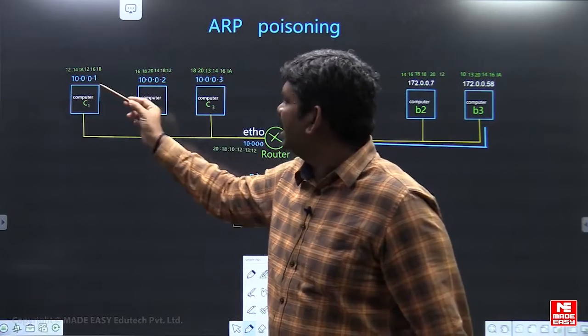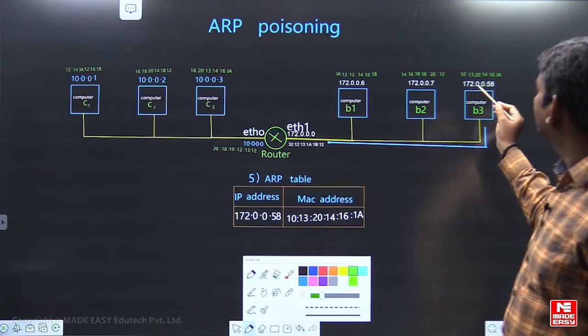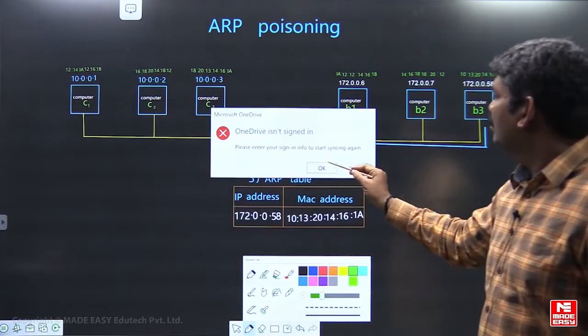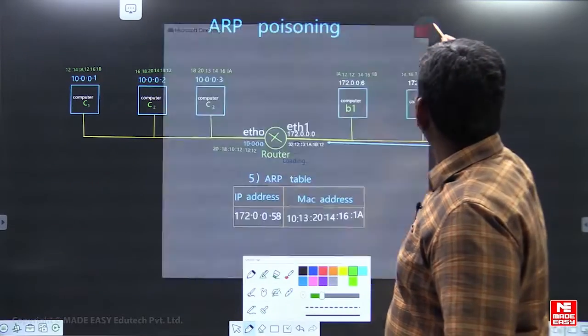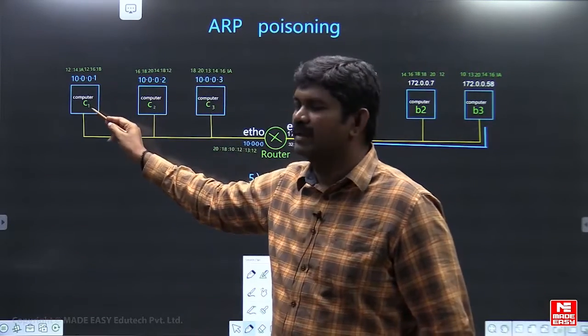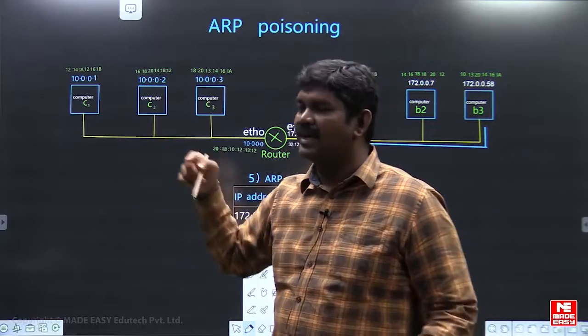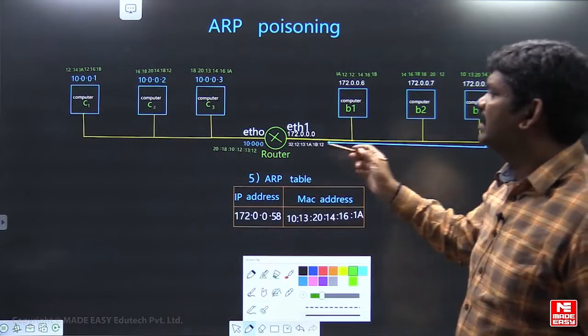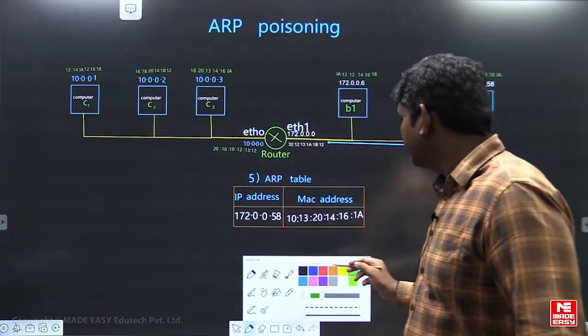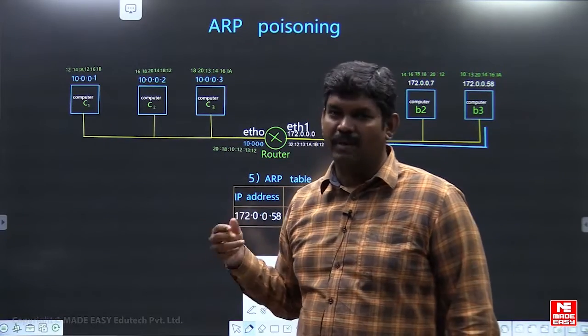This C1 knows the IP address, that is 172.0.0.58, with the help of DNS. Then how has C1 got the MAC address of this computer B3? It has sent an ARP request packet which is broadcasted.